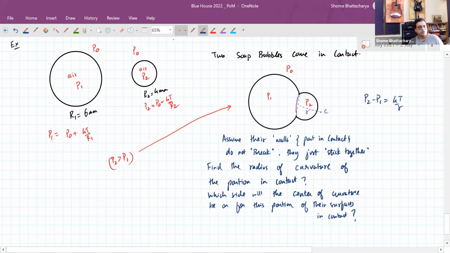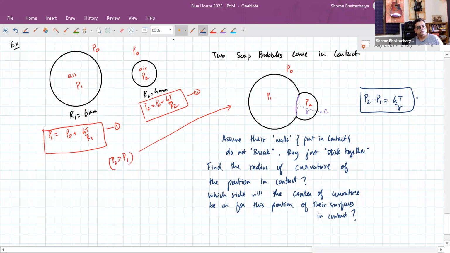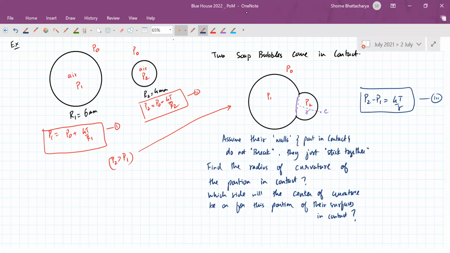And from these equations, you can see the value of P2 minus P1. So if you substitute this information, you can understand this. So just complete this.